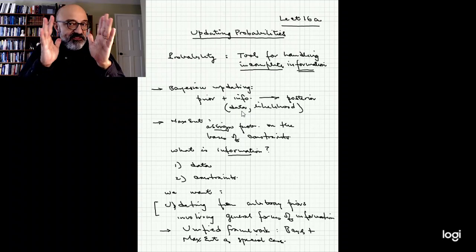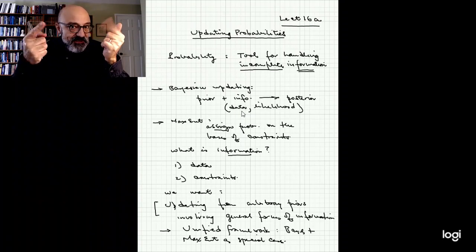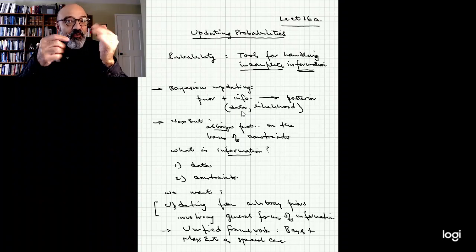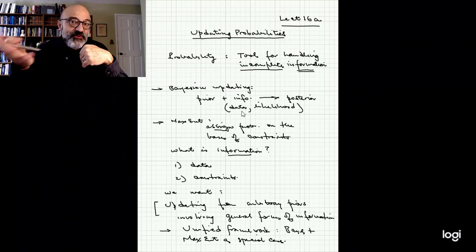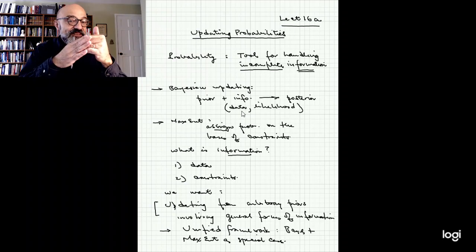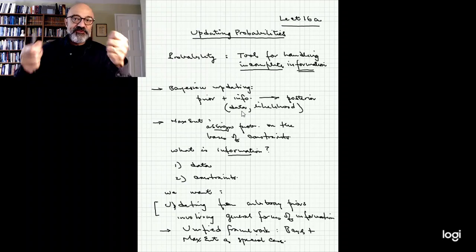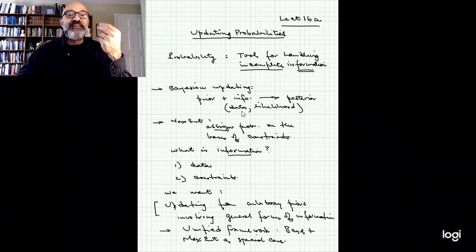You might recall that in quantum mechanics we have two forms for updating the wave function. One of them is a continuous update that's given by the Schrödinger equation. And then there is another form of updating that occurs when you perform a measurement. You call that the wave function collapse.